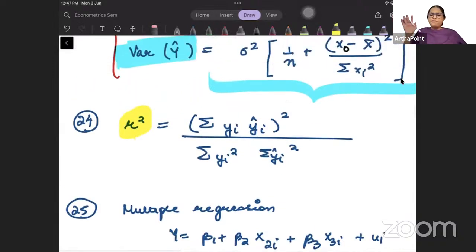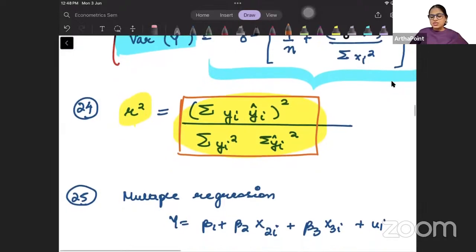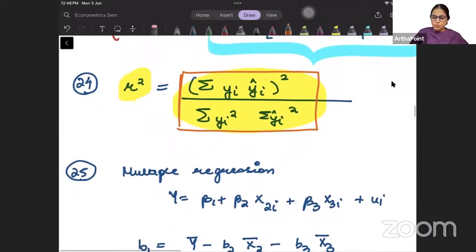Until now, whenever we were writing r square, it was always in terms of x and y's. But if you want r square in terms of y and predicted y, then this is the formula for that, right? So you can write it as summation yi hat square upon summation yi square.